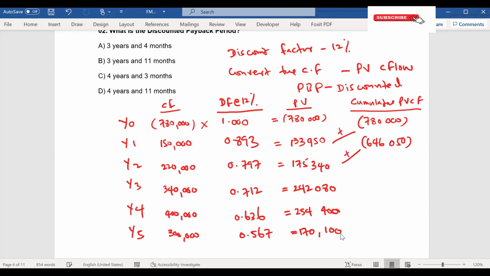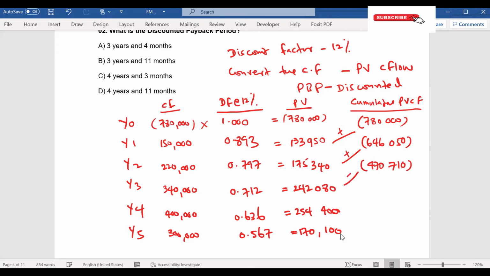Then minus 175,340, that will be 470,710, still negative.